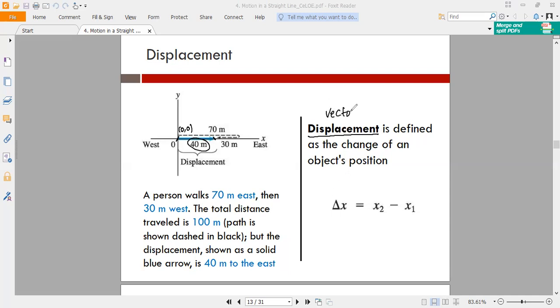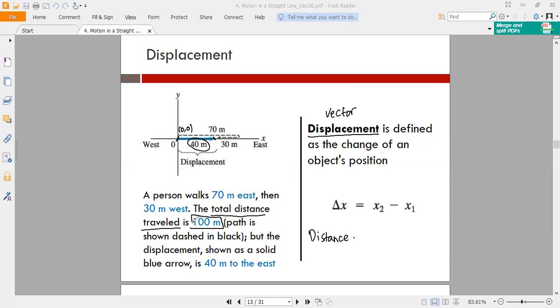Remember that. But if you want to find the distance, the distance is the total distance traveled. So we move 70 meters and 30 meters, so the total is 100 meters.